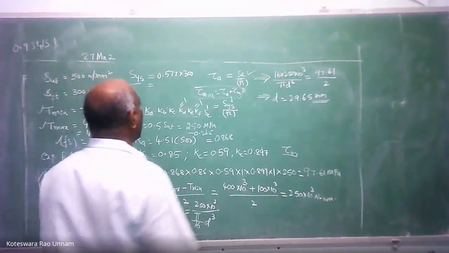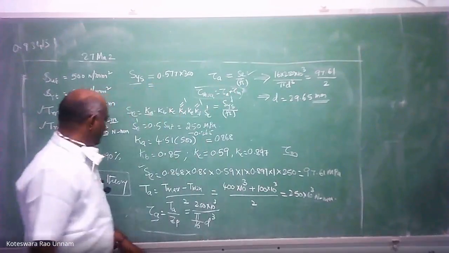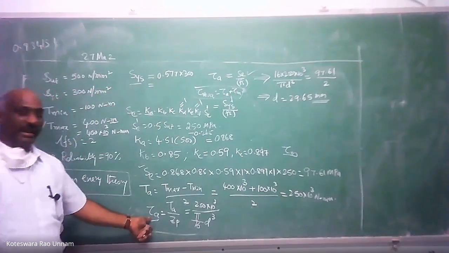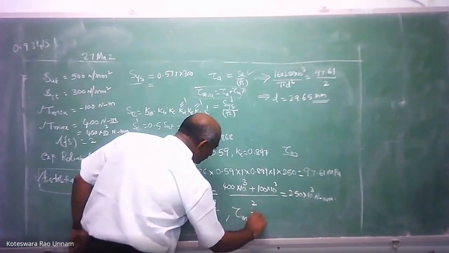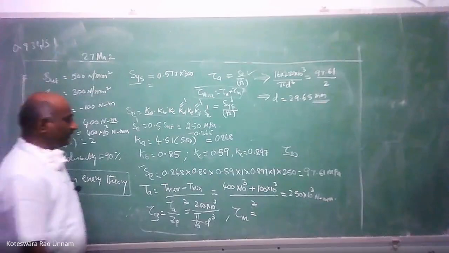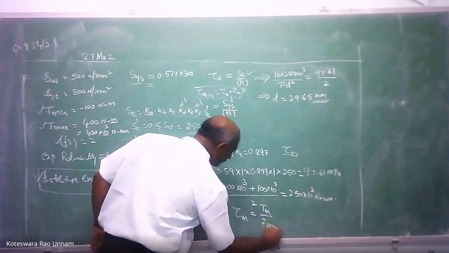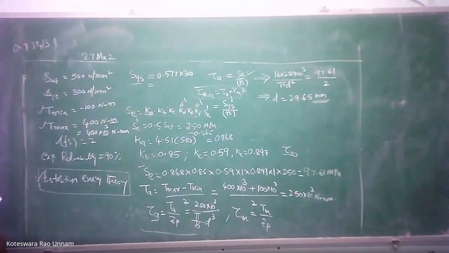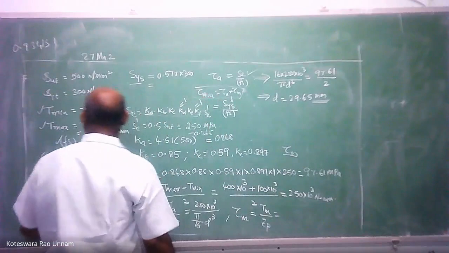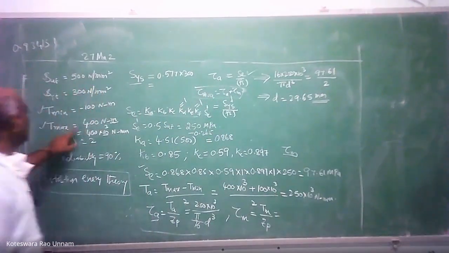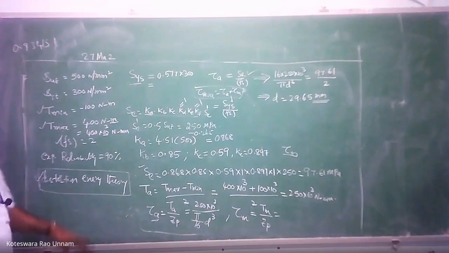To do that, I have to compute tau A plus tau M. Just now we calculated tau A. Then what is the formula for tau M? The mean torque stress is tau M equal to Tm divided by Zp, where the mean torque is nothing but T max plus T minimum divided by 2.